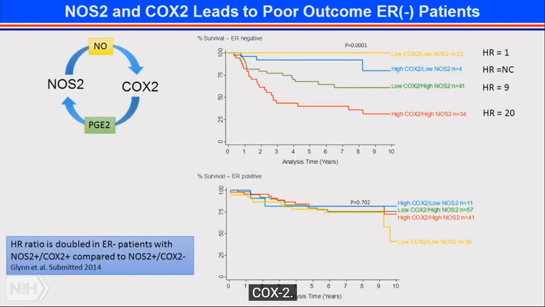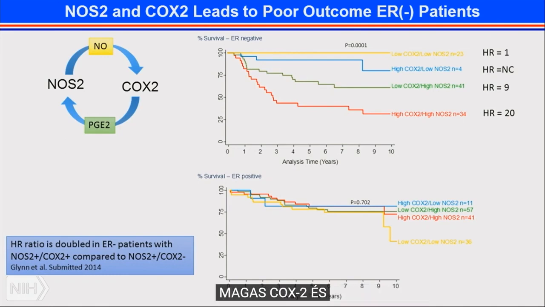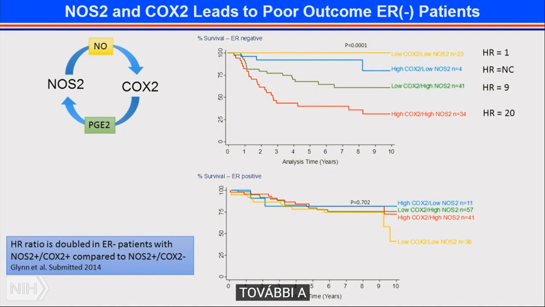From the same patient cohort data, when we looked at the expression of COX-2, we found that the patients which had high COX-2 and high NOS2 had a hazard ratio of 20, compared to high NOS2 only. So the hazard ratio increases further compared to patients with only high NOS2.